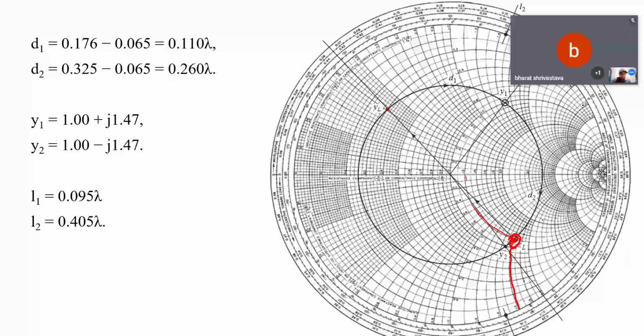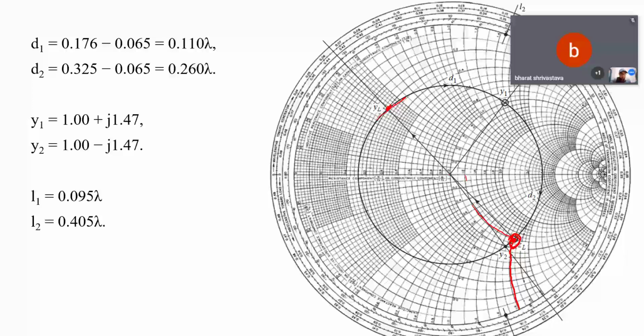For finding the admittance, we draw a line that passes through this point as well as the center of this Smith chart, and the line wherever it cuts the constant SWR circle represents the normalized admittance. Okay, so here is the normalized admittance.